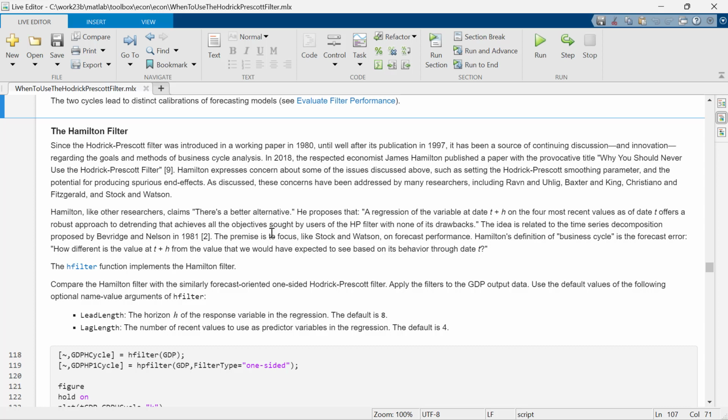So Hamilton has a very specific definition of business cycle too. It's the forecast error from the regression model that he suggests.